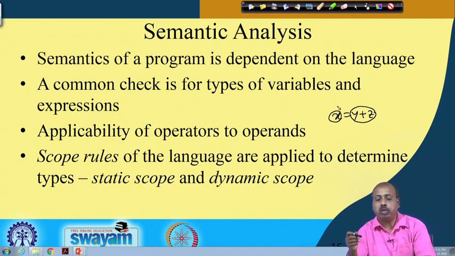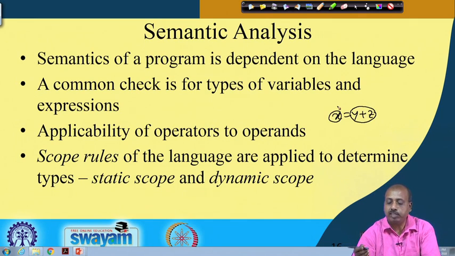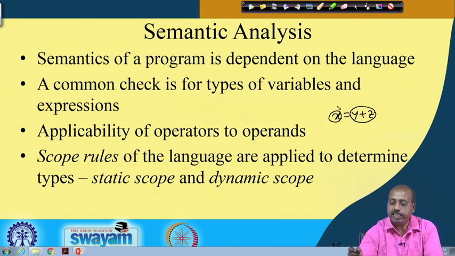But how do we know what is the type of y, what is the type of z, what is the type of x? So we may say that if this whole thing is within a function, then somewhere earlier x, y and z have been declared. For example, there may be a declaration like integer x, y, z.